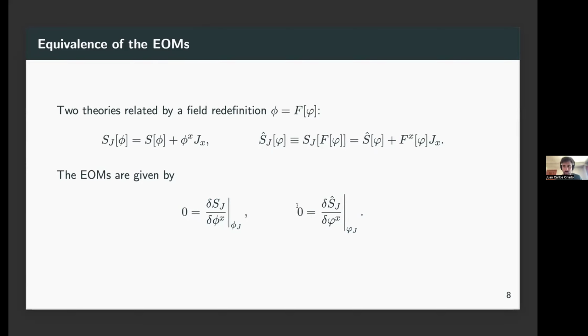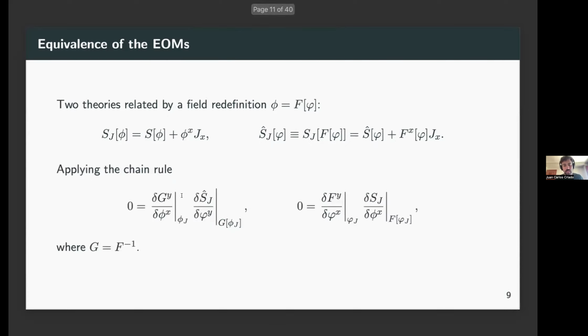And we're going to see easily that they are equivalent. First of all, you can apply the chain rule, and you will then have these two equations. The equation on the left is now the derivative of the field redefinition, the inverse of the field redefinition, g is f to the -1, times the redefined equation of motion, and the opposite thing on the right.